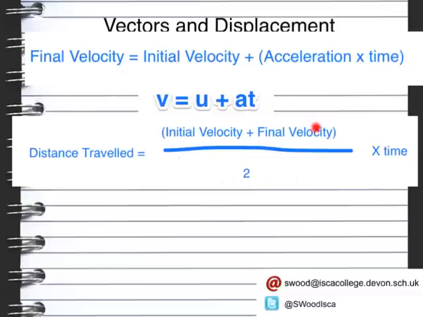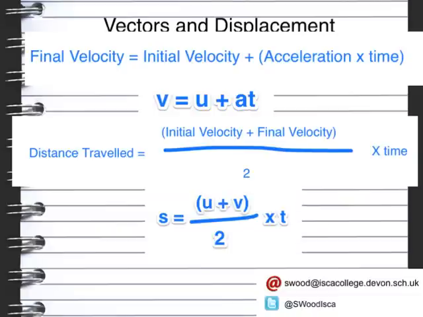So the initial and the final work out the mean velocity, and then you've got the time that it travels. This can be put into symbols, where s is the distance travelled, u is the initial velocity again, v is the final velocity, and lowercase t is the time. So let's have a look at a couple of examples.